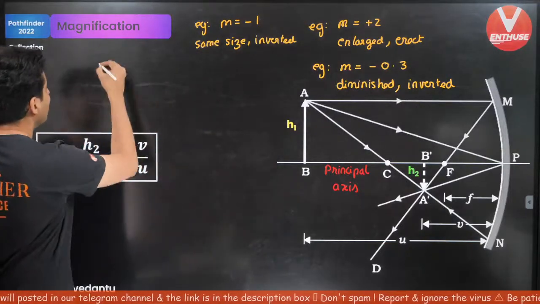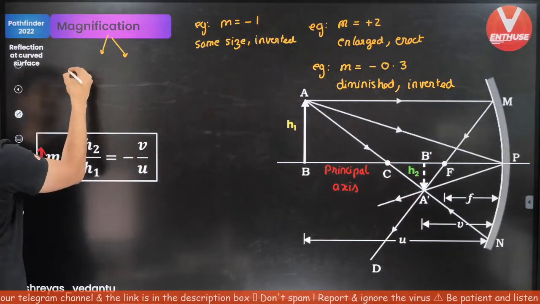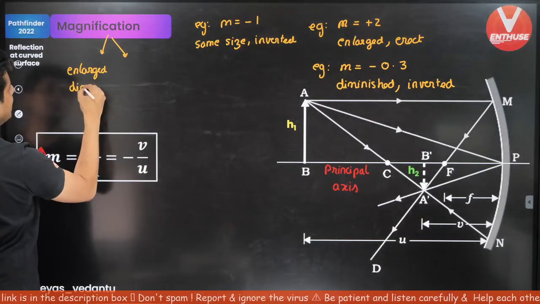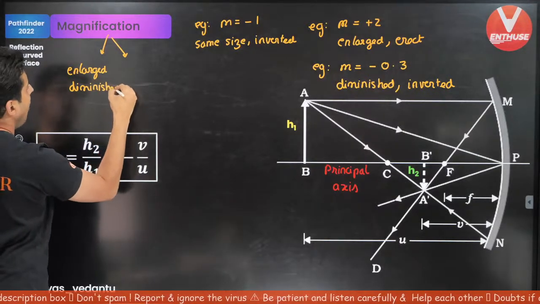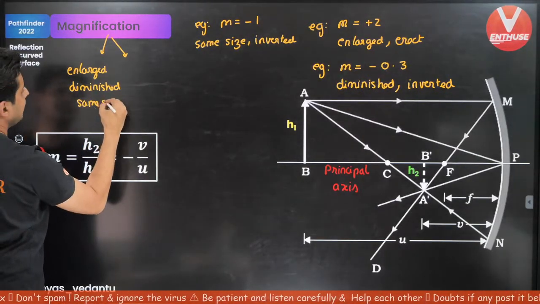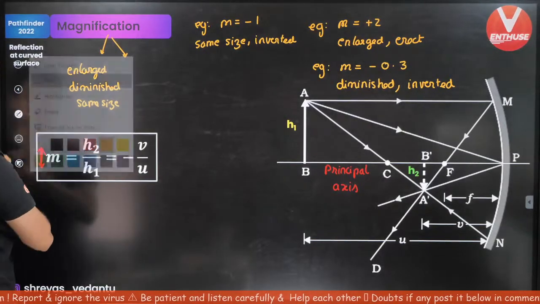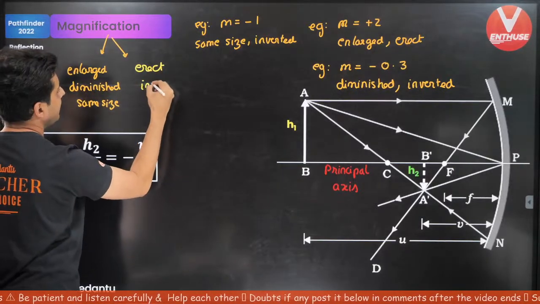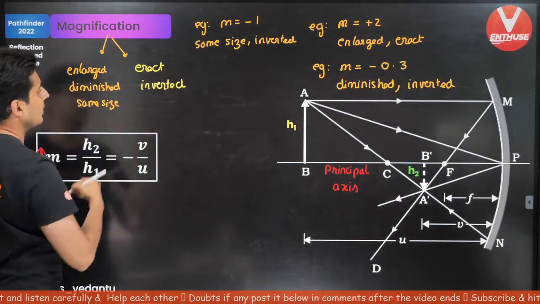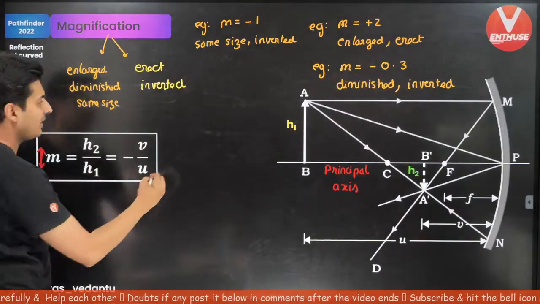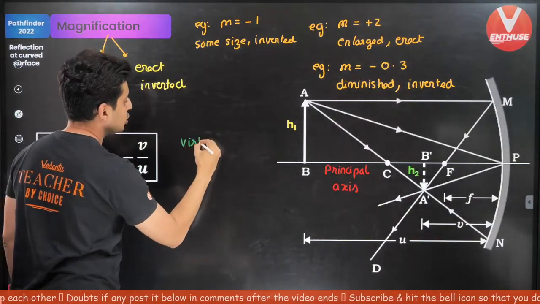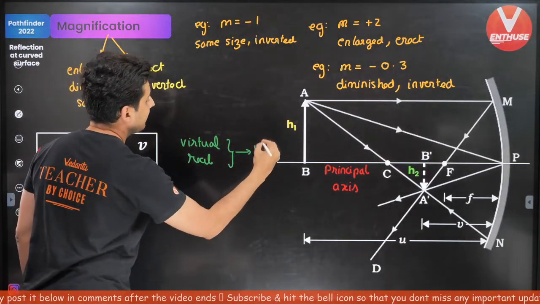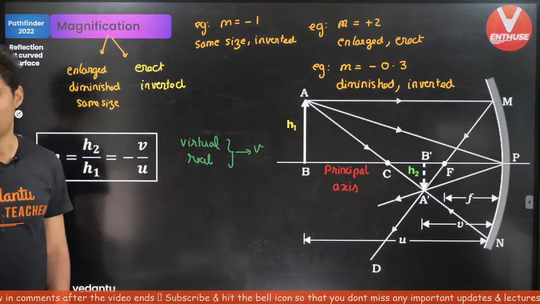Via magnification, the only two things that you get to know are whether it is enlarged, diminished, or of the same size, and whether it is erect or inverted. If you want to know whether it is virtual or real, you only get to know that via the image distance, not via the magnification.